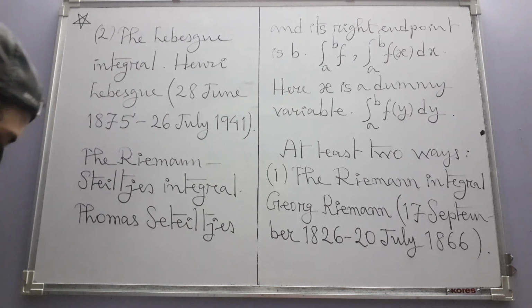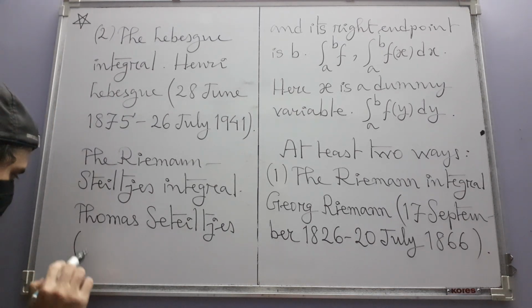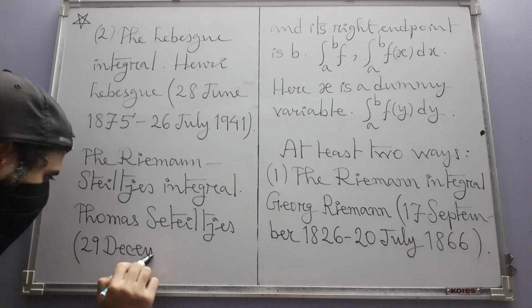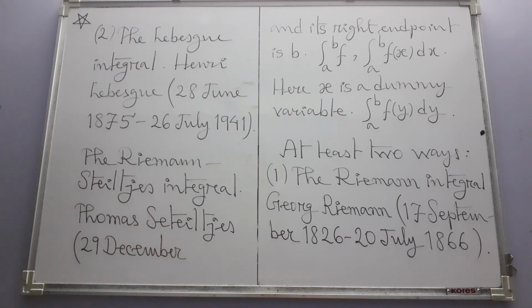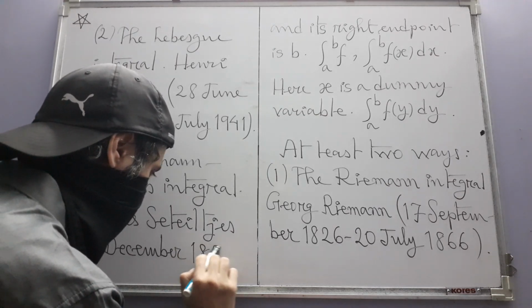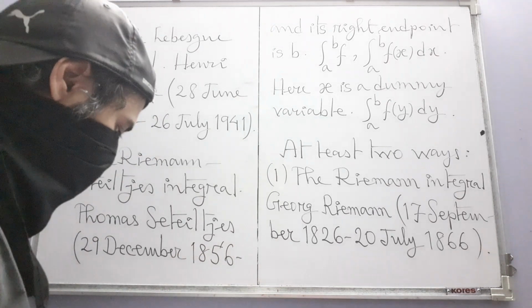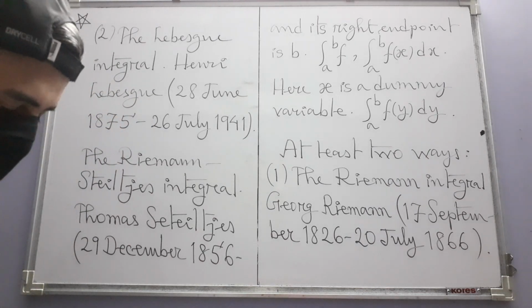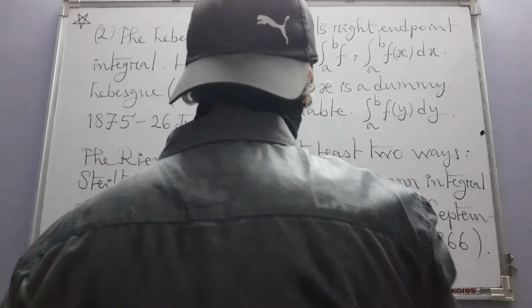And the time period for this mathematician is 29th December 1856 to 31st December 1894.